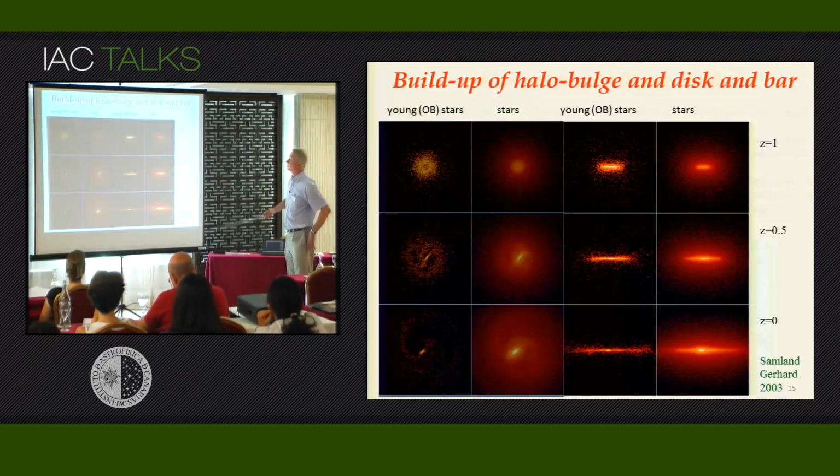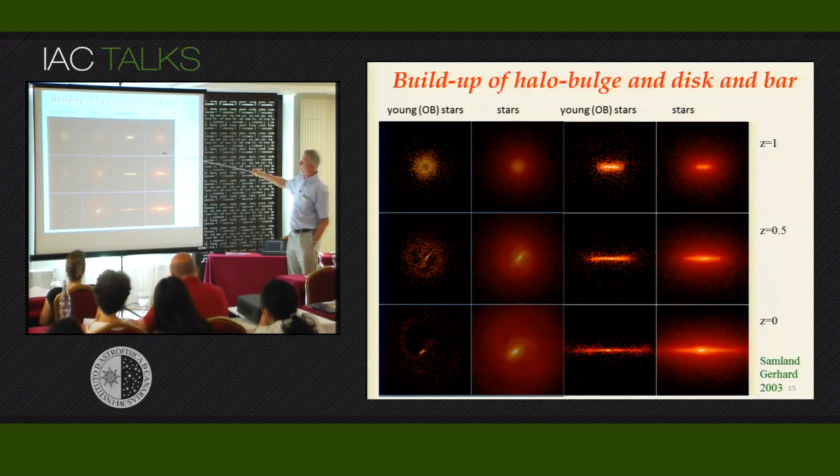Now I wanted to illustrate this inside-out growth, just as an example here. Here is redshift 1, and there's 0.5, and there's 0. You can see very clearly how in this model the sequence goes from a small to a large disk.